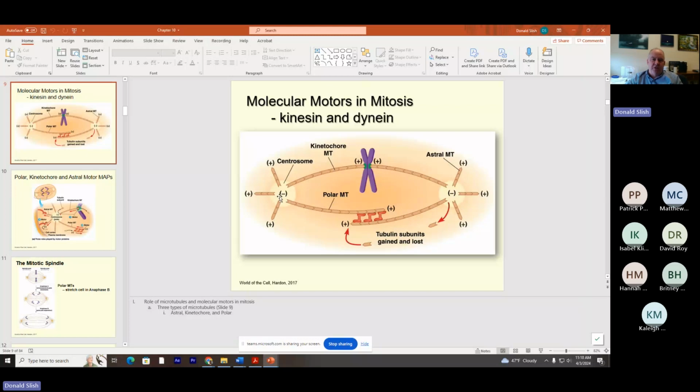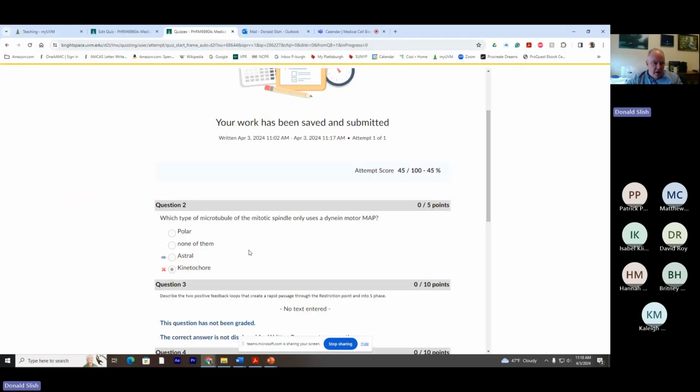Yep, that one's true. The kinetochore one also goes towards the minus end, though. I guess both those. But it uses both kinesin and dynein, so I think that was the trick in that question. Oh, okay, so it's using dynein here, but it's using kinesin here. Yeah, I don't think it's fair.